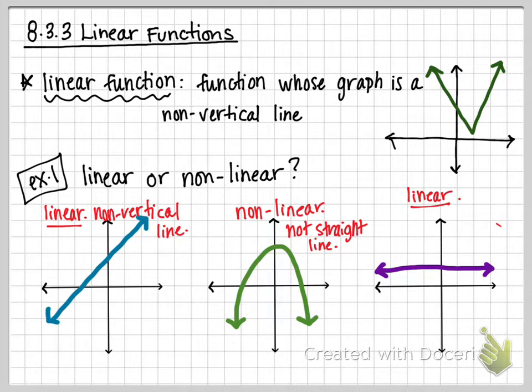You can't have any curves or any points in a linear function. It can only be a straight, continuous line. If we lined a ruler up next to this, we'd have to move the ruler in order to follow the function, and that means it's not linear, right? So this one would also be non-linear. So watch for points, corners and curves. Those are all non-linear. Linear has to be a straight, non-vertical line.